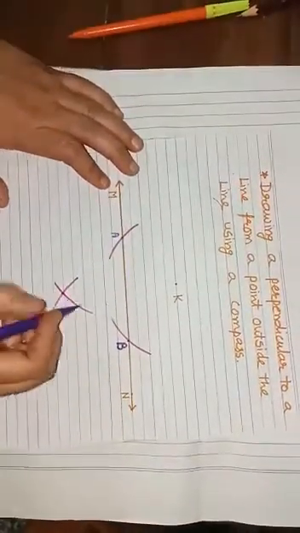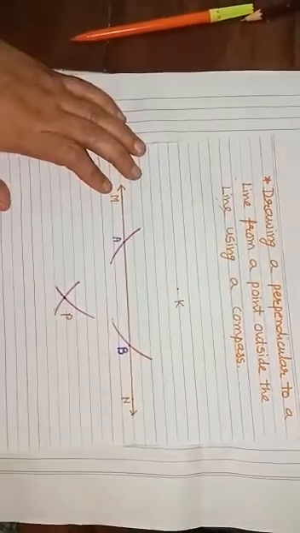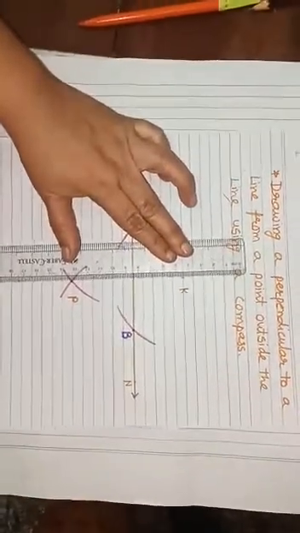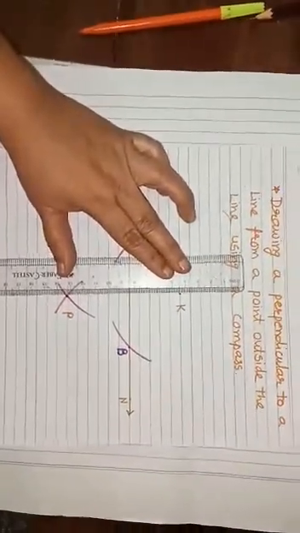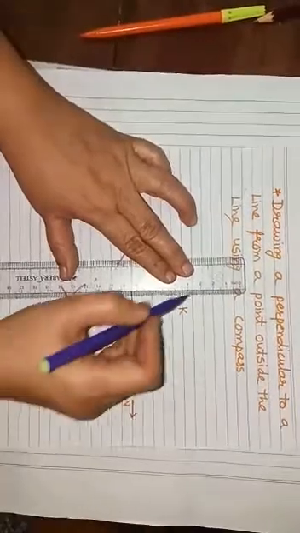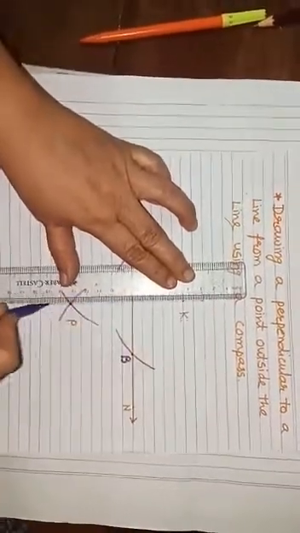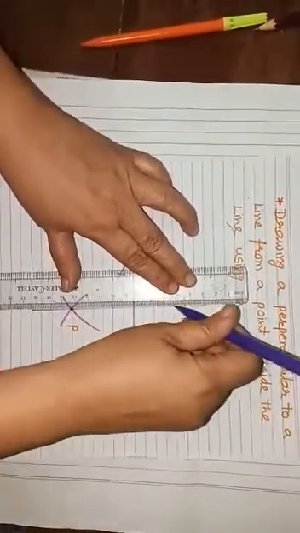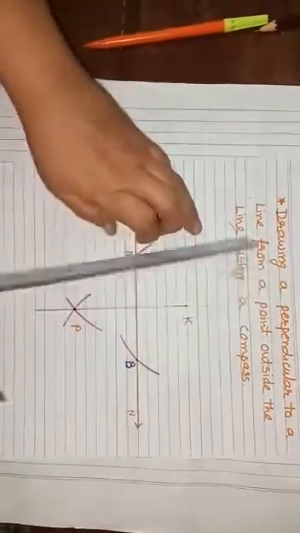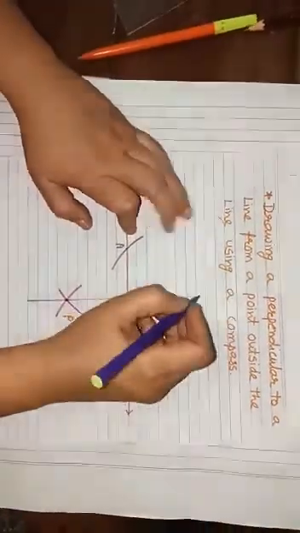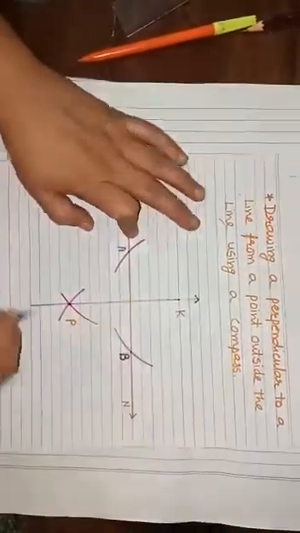I am using dark sketch pen for the clarity. Now students, with the help of a ruler, you have to join these 2 points, point K and point P. Put arrows because we have again drawn a line.